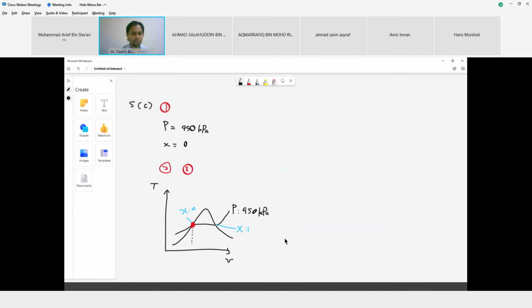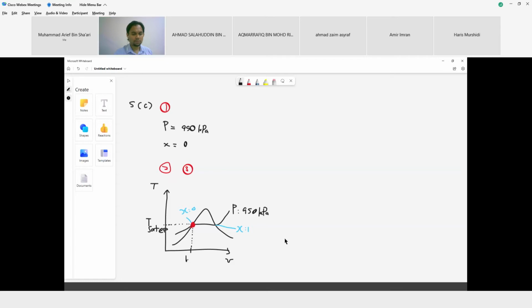Okay, sebab kita dah belajar. So di sini pun kita boleh cari, di sini pun kita tahu this is T sat, right? So all of this property you can find from the table, yang mana dia boleh membantu kita nanti. Okay.